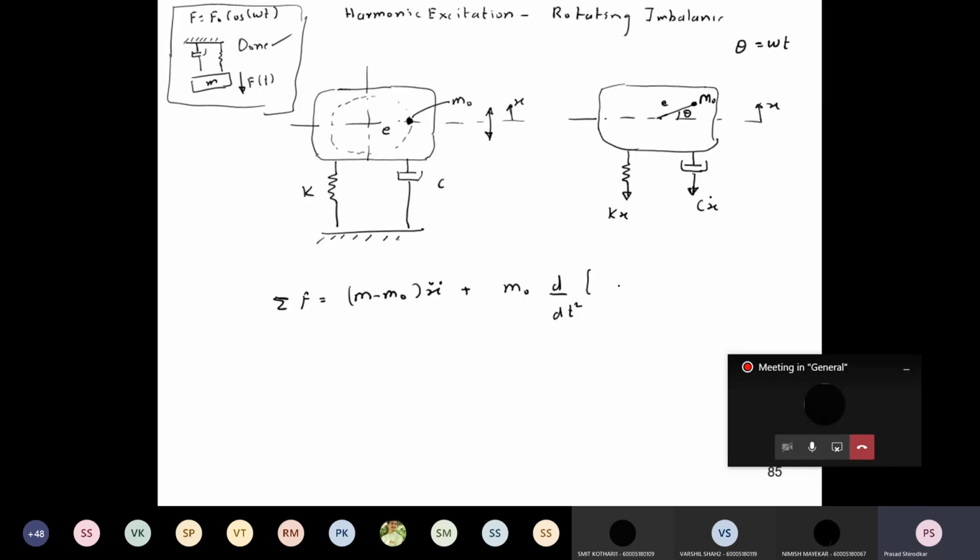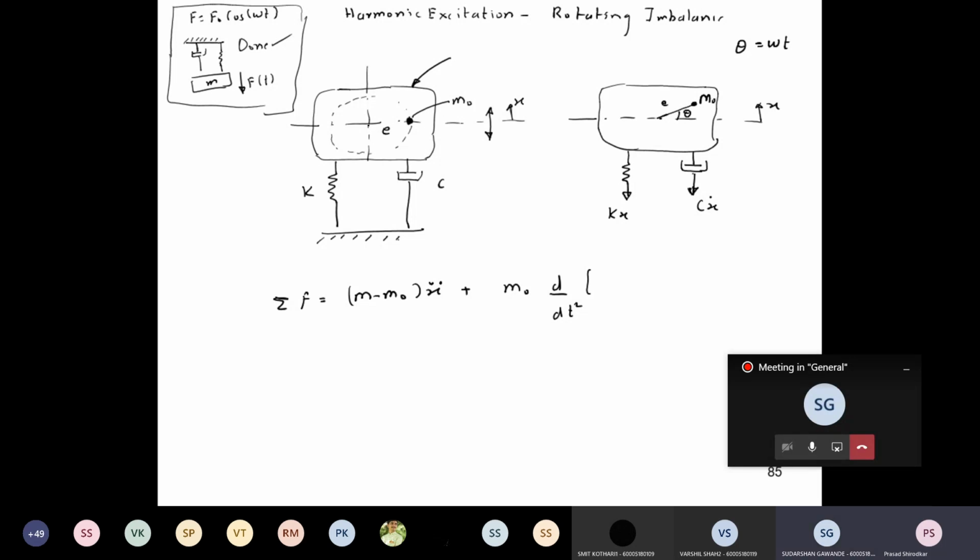Hello, sir. Yes. Sir, how it is translating and rotating simultaneously? See this block, big block. Okay, this is translating up and down. All right. Now inside this big block of mass, there is another small mass m0.